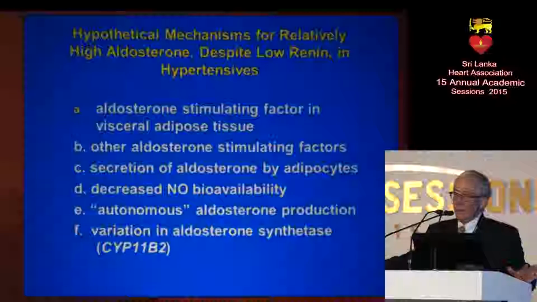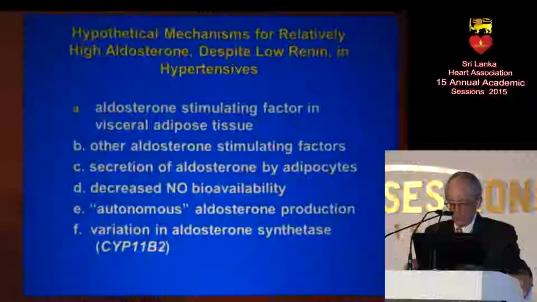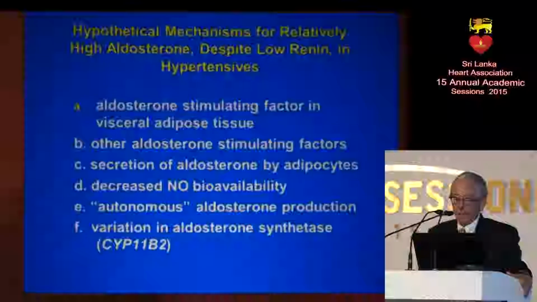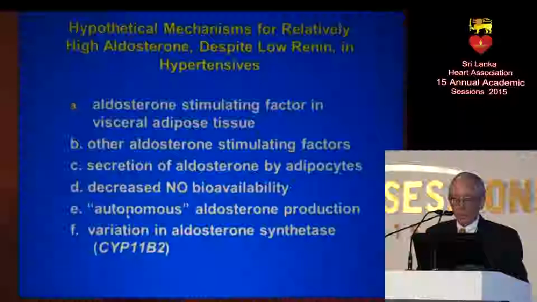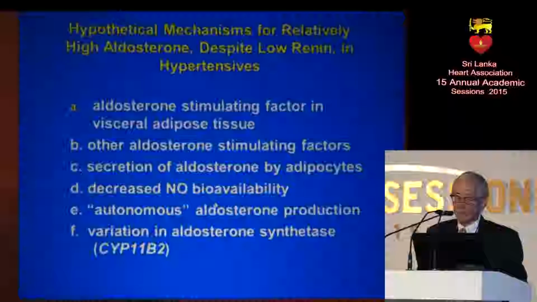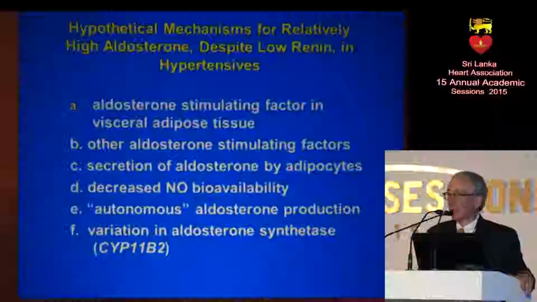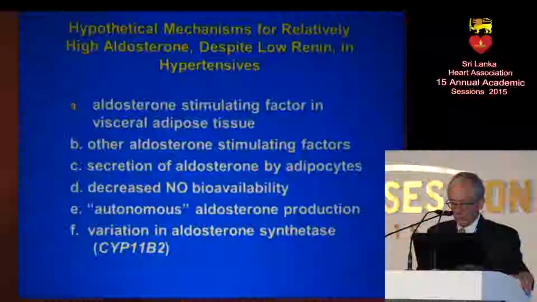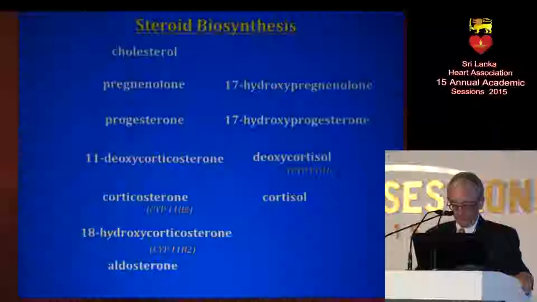I don't want to belabor all of the different pathways here because it's too much to cover in the time allotted. But I will focus on what I would describe as more common autonomous aldosterone production. And this, I think, is going to be particularly evident in people with obstructive sleep apnea and visceral adiposity.